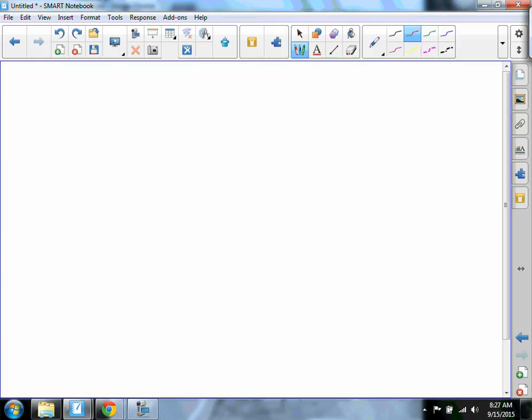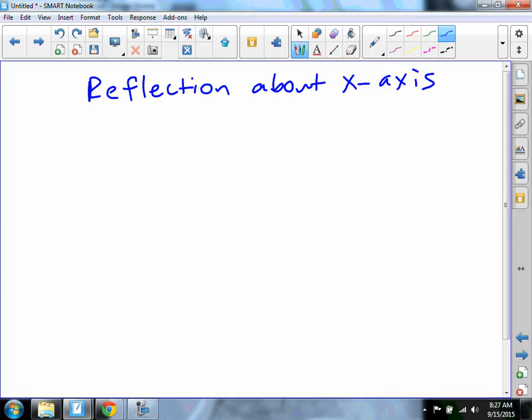The other kind of transformation is a reflection. A reflection about the x-axis. We're not going to look at the one about the y-axis today. In this context, the word about means around, over, or across.